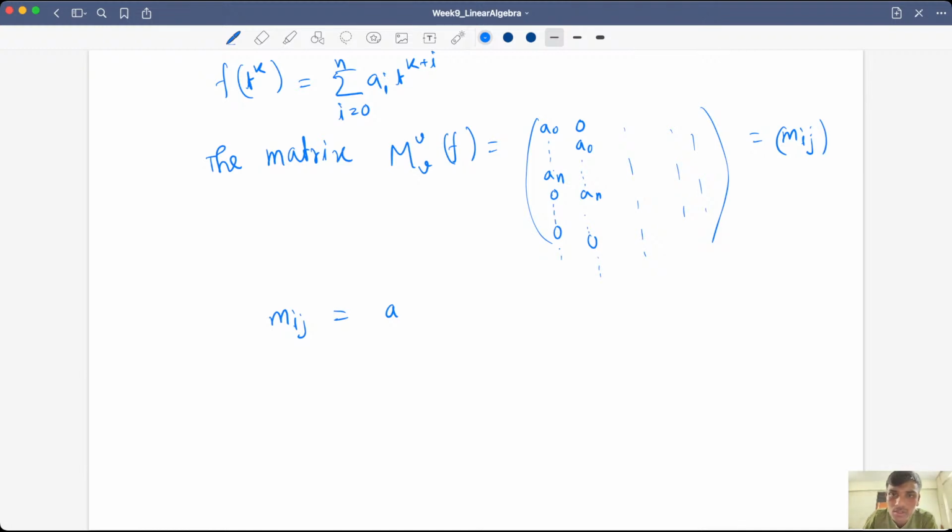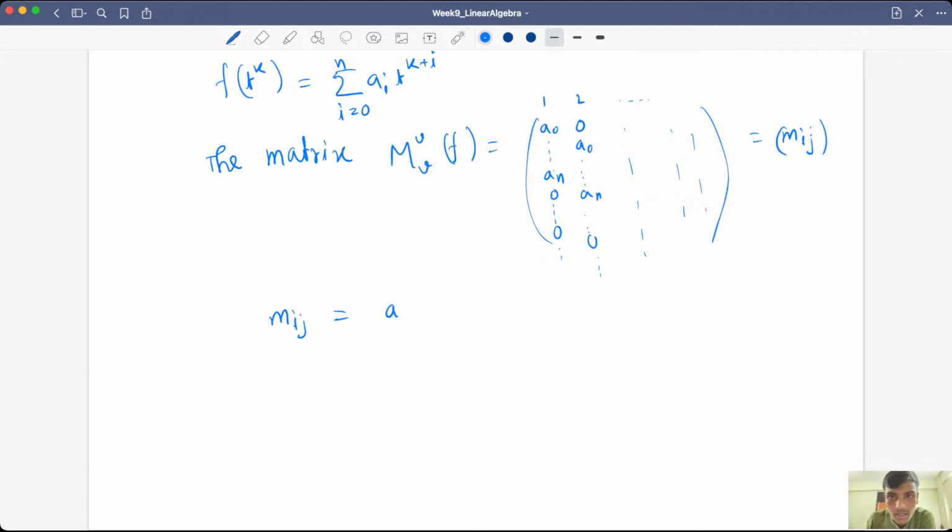This one is the first row, this is the second row, second column, third column, and so on. When it is in the second column, a_0 starts from the second entry, right? Otherwise it starts with the first entry.